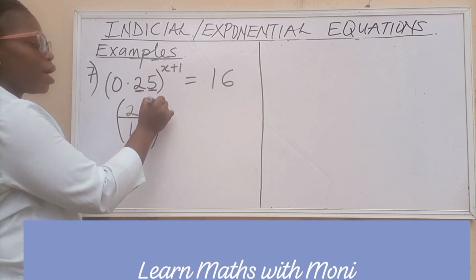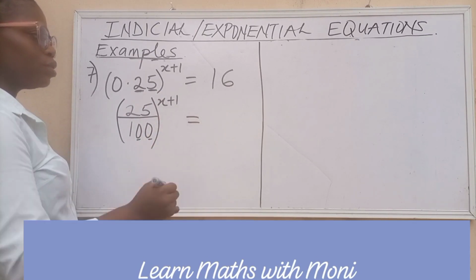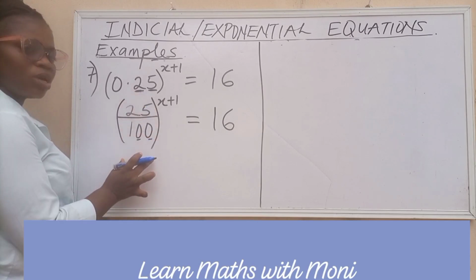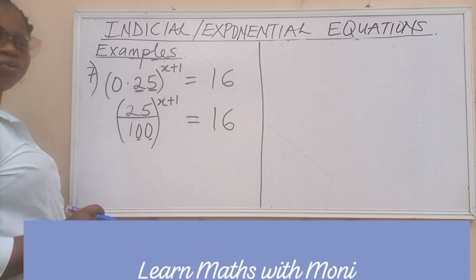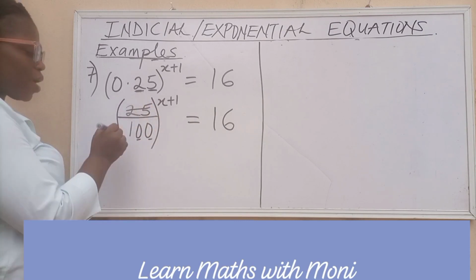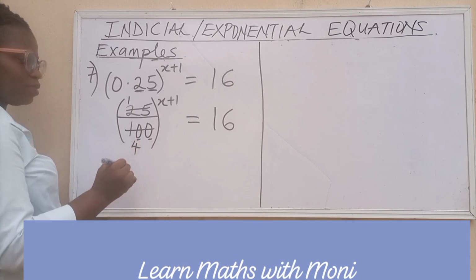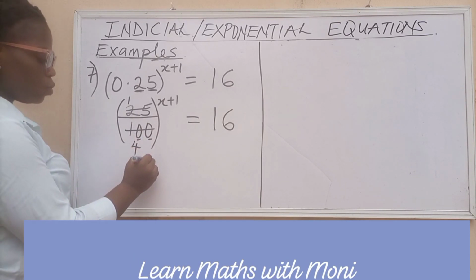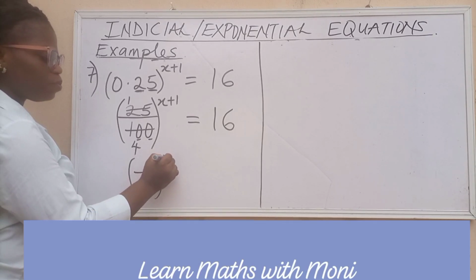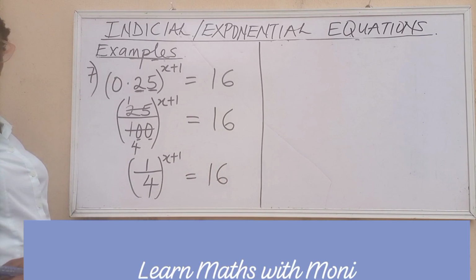Everything raised to power x plus 1 is equal to 16. Let's divide 25 over 100 to the lowest term. 25 divides 25 once. 25 divides 100 4 times. So we have 1 over 4. Everything raised to power x plus 1 is equal to 16.